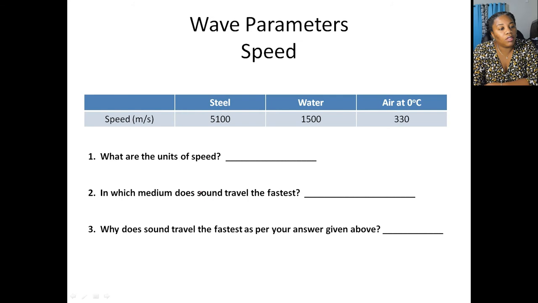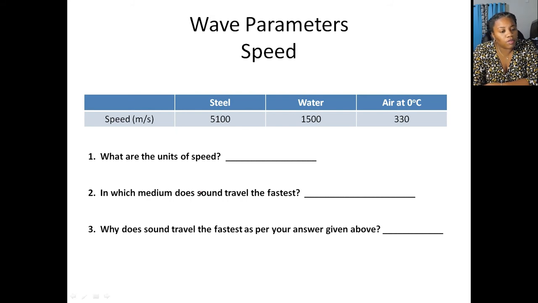We have the speed of sound in steel, the speed of sound in water, and the speed of sound in air. So 3 different media. What are the units of speed? Correct, meters per second. In which medium does sound travel the fastest? Correct, steel.